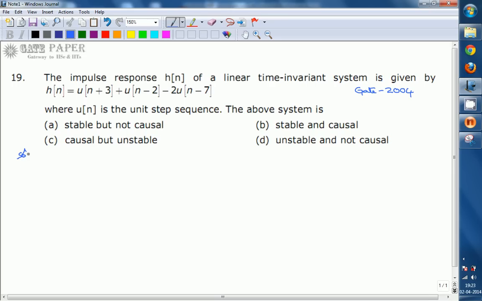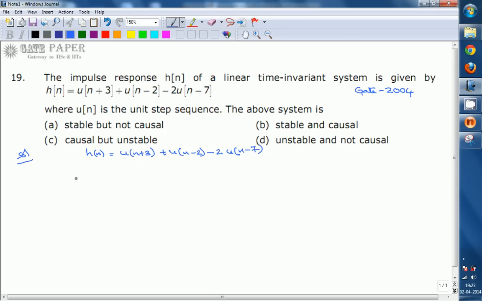So coming to the solution here, given that h of n equals u of n plus 3 plus u of n minus 2 minus 2 u of n minus 7.